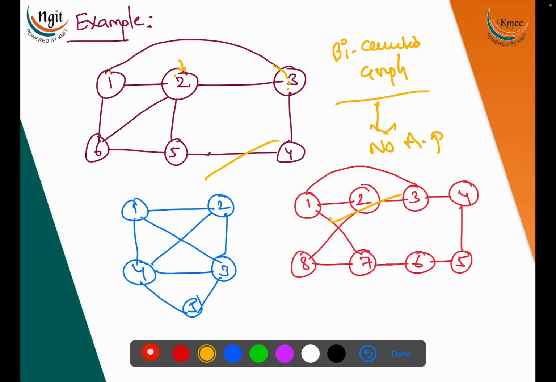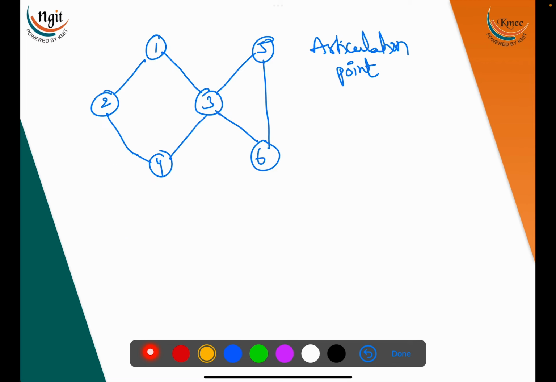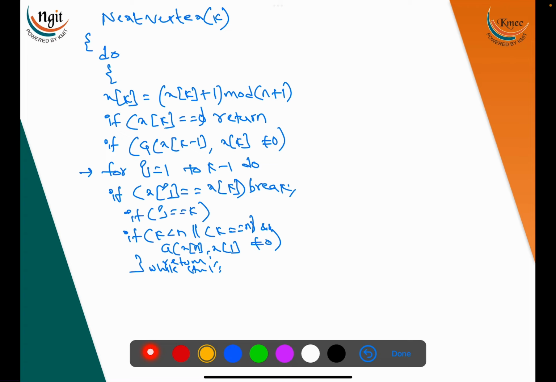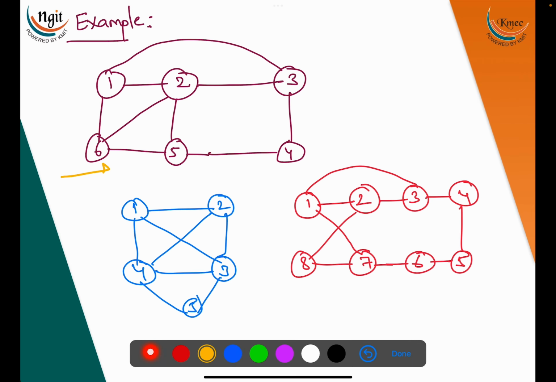If you see this one, no articulation point. Now, if you see this graph, this is an articulation point. If I delete this one, this will be a separate one, as you did not find any edge between this 5 or this 6 and any other node. So, a biconnected graph is what? A graph G is biconnected if and only if it contains no articulation point. Now it is a biconnected graph.